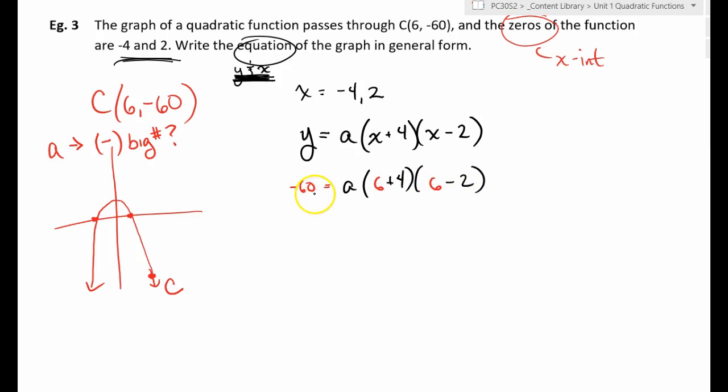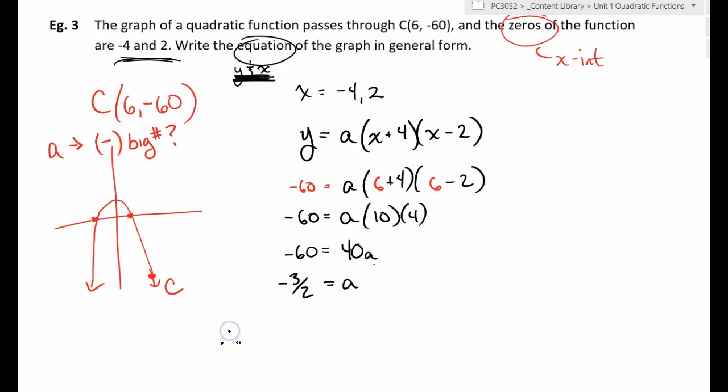So I've got negative 60 equals a times 10 times 4, rather. Getting ahead of myself. So that's 40a equals negative 60, or a equals negative 3 halves.